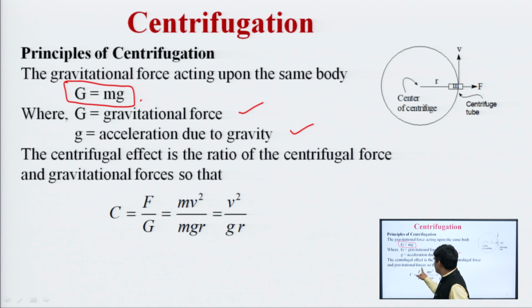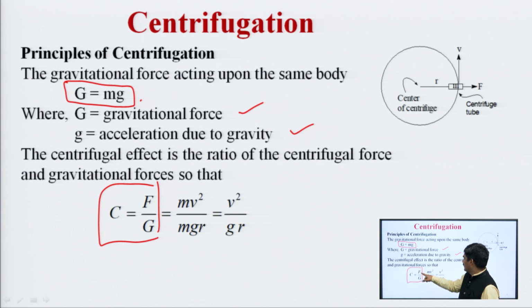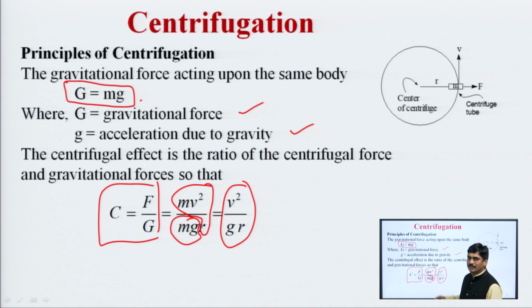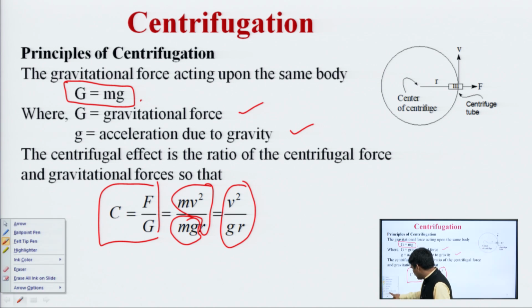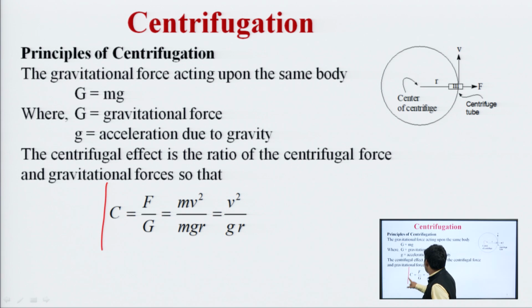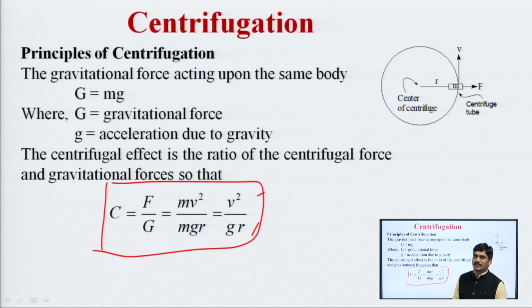That means C is equal to F upon G. We know that F is equal to mv square by r and G is equal to m into g. So, combining these two equations, the centrifugal effect is given as v square by g r. So, C is equal to F by G, that is equal to v square by g r.